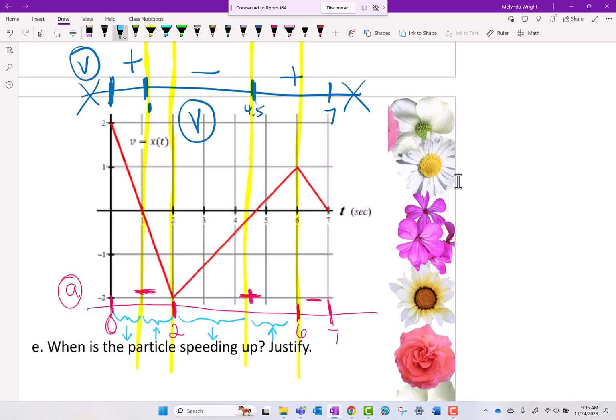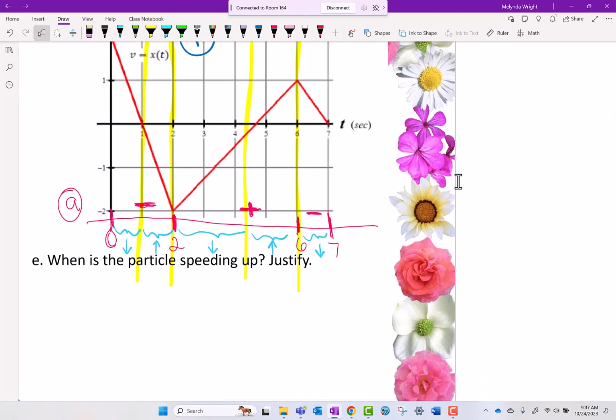Between 6 and 7, I've got positive velocity and negative acceleration, so I'm slowing down. And they don't always alternate like that. That just happens to be how they're doing it right now.